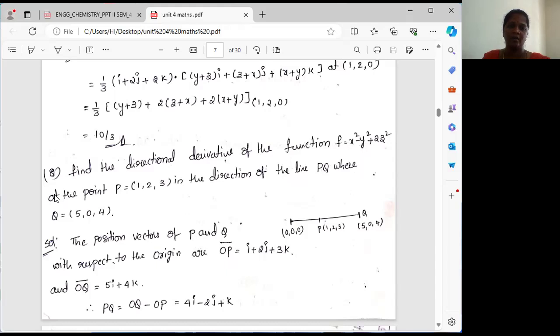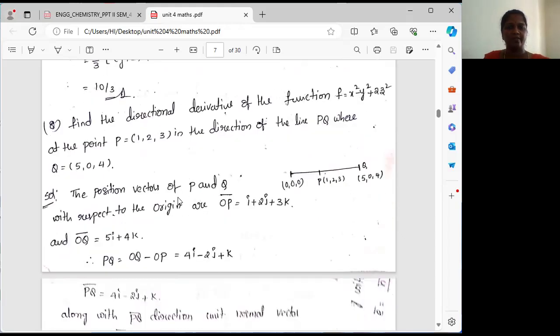Here the points P (1, 2, 3) and Q (5, 0, 4) are given, and the direction of the line is needed. So we take the position vectors of P and Q with respect to the origin, OP and OQ, where O is the origin (0, 0, 0).